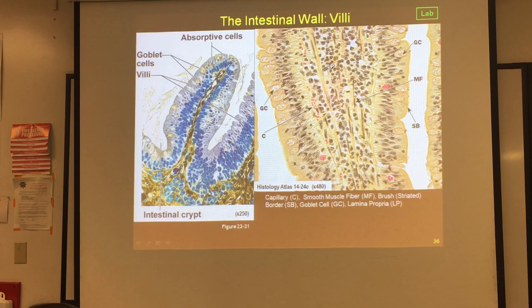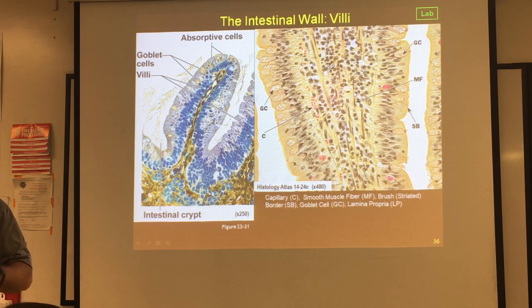The circular folds are always moving as the muscularis mucosae, that sheet of smooth muscle, contracts. Why are we constantly moving the contents within the small intestine? By moving the villi, moving the folds. What are we trying to accomplish? Along with segmentation. So this isn't for mashing and we're not really physically breaking anything down at this point. That's really been done by the time we get through the stomach.